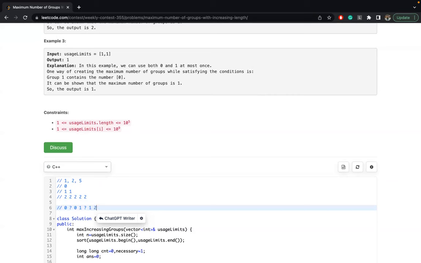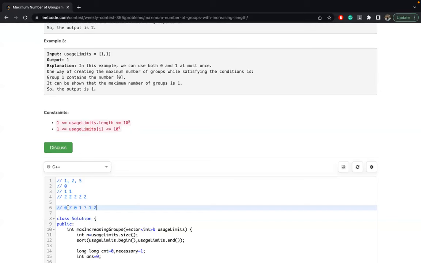again 1 and 2 is not possible, because 0 1 has been used, and next to 0 1 we should have a group of length 3, not 2, just 1 more than the previous. The length should be just 1 more than the previous length of the group.